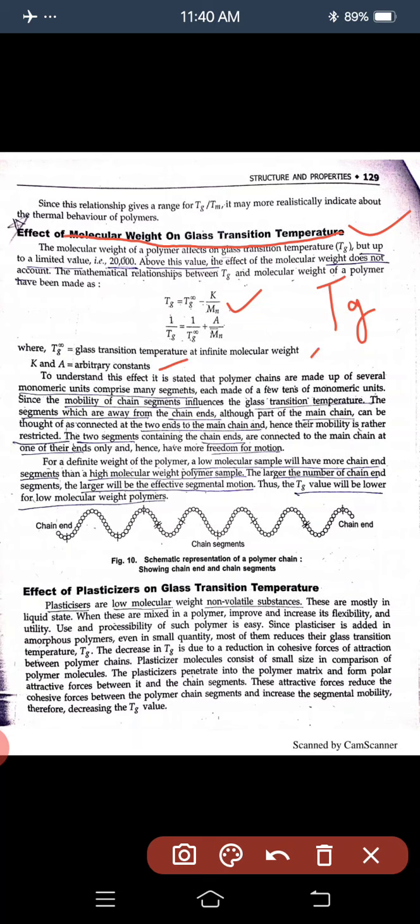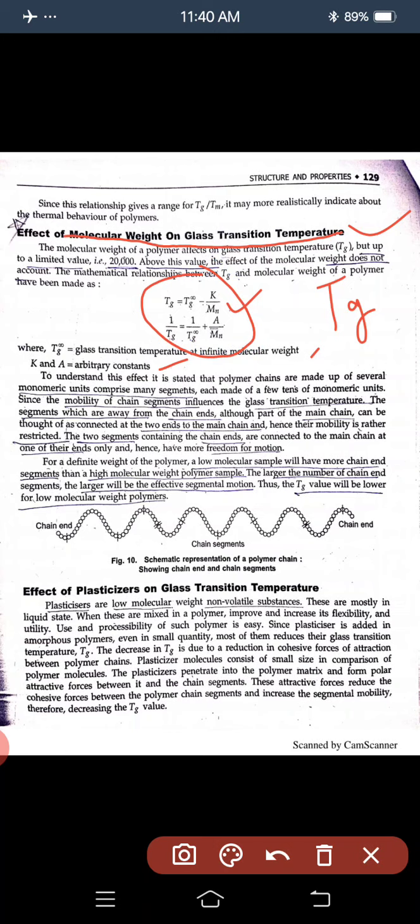To understand this effect, it is stated that polymer chains are made up of several monomeric units and comprise many segments, each made of a few tens of monomeric units. Since the mobility of chain segments influences the glass transition temperature, note that most segments are connected at both ends to the main chain, and hence their mobility is rather restricted.